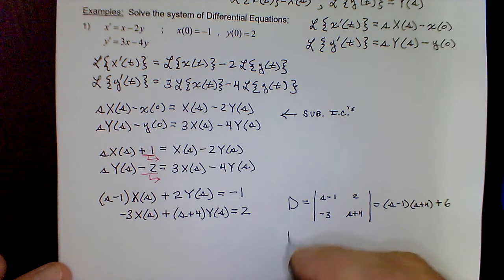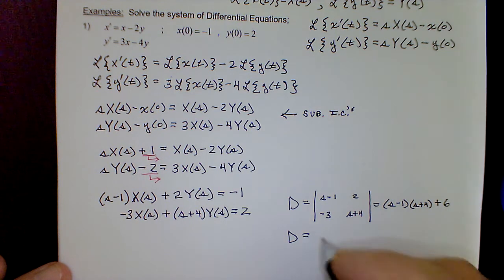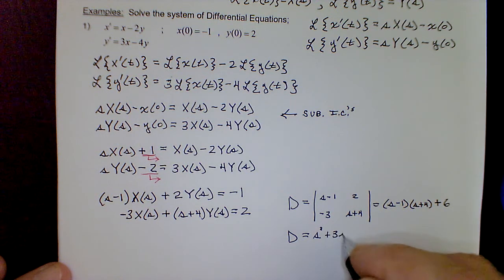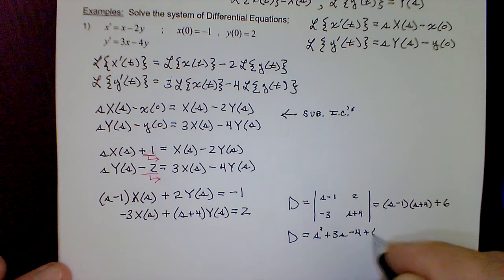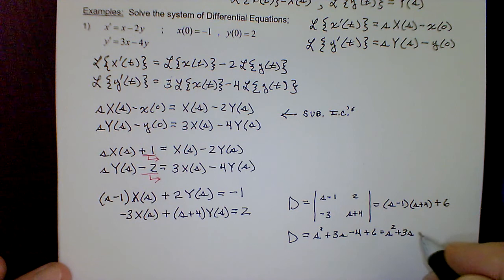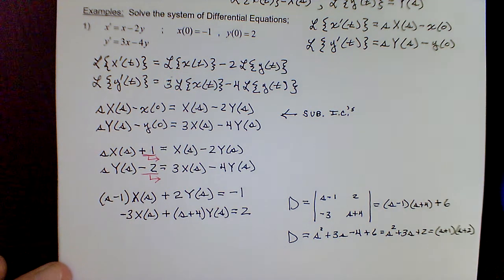And then at that point, we're going to want to manipulate this a little bit, FOIL this out. We get s squared, negative 1 plus 4 is plus 3s, minus 4, and then plus the 6, so s squared plus 3s plus 2, which actually factors as s plus 1 and s plus 2.